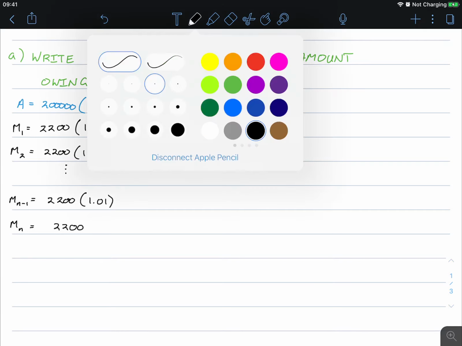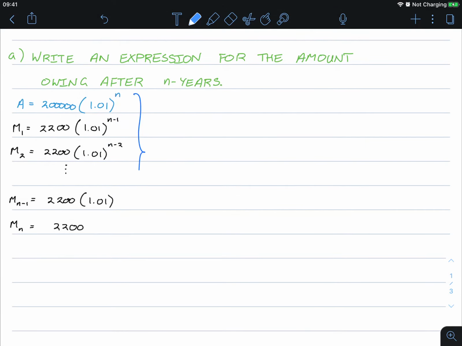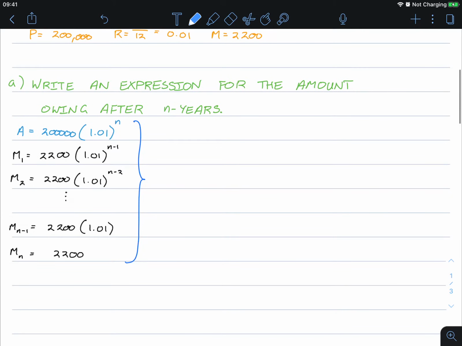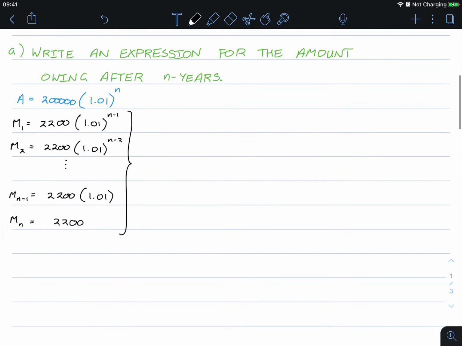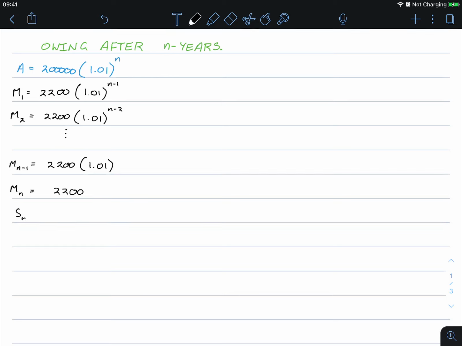Bringing these two together. Okay, actually, let's do just the sum of all of this first. Let's do that underneath. The sum of this is 2,200 plus 2,200 times 1.01 plus all the way until the very last one, 2,200 times 1.01 to the power of n minus 1.